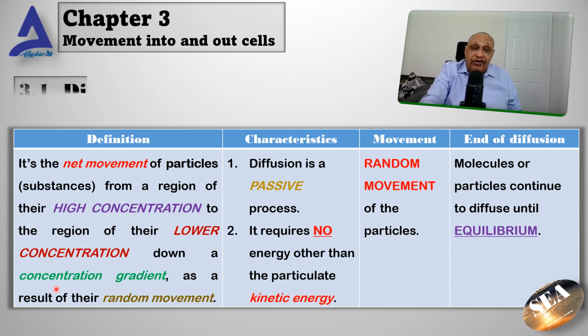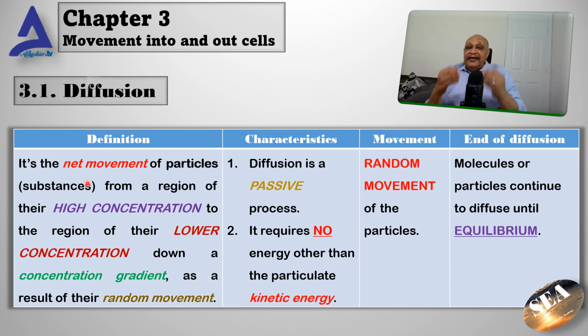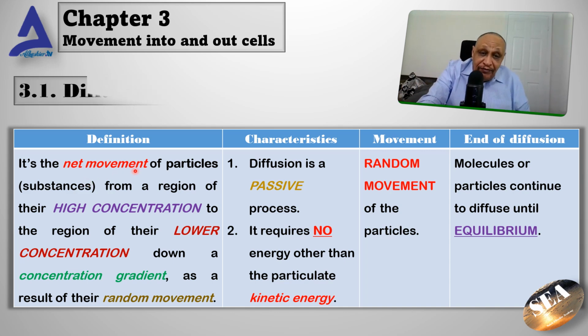Okay, let us go for our definition. It is the net movement. And by the net movement, we mean the overall movement or the average movement. So it is the net movement of particles. Particles means substance.